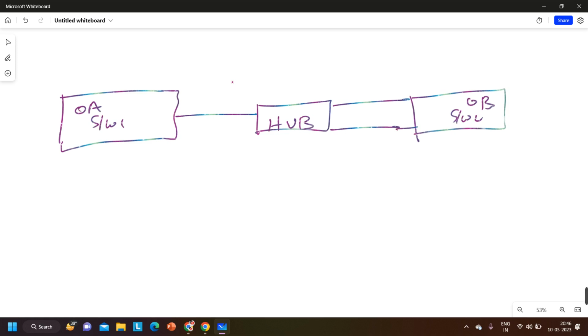Right? Now switch 1 will send BPDU where the root bridge ID will be 32768 plus 0A. Cost will be 0. 32768 plus 0A is the sender ID.